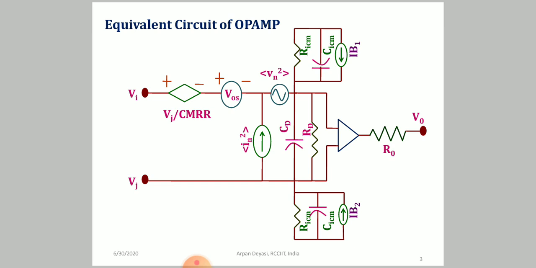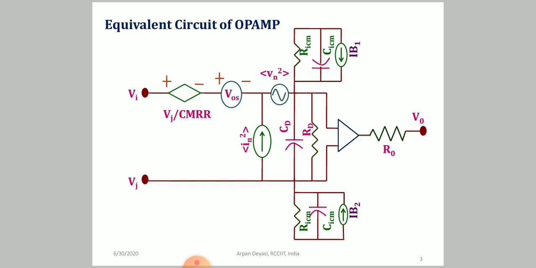And after that, you will find at the top and bottom there are some input common mode factors. In your differential amplifier class, you know what the input common modes are. You are shorting the two inputs. So if you short them, naturally that will generate a resistance and capacitance. So I am giving RICM and CICM.